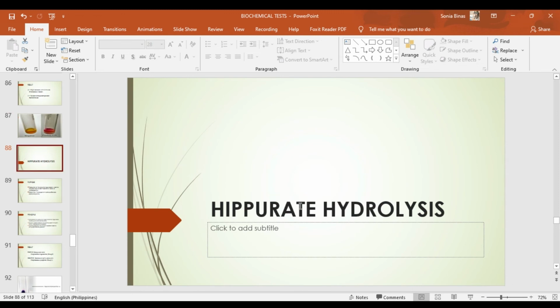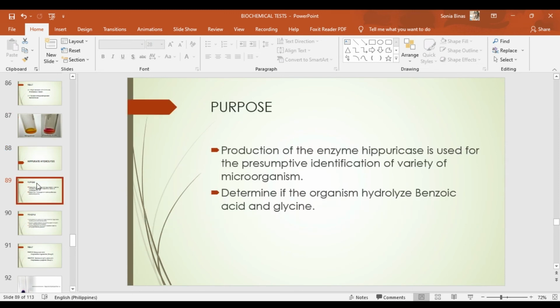So, Hippurate hydrolysis is used to identify if the organism hydrolyzes hippuric acid to benzoic acid and glycine.